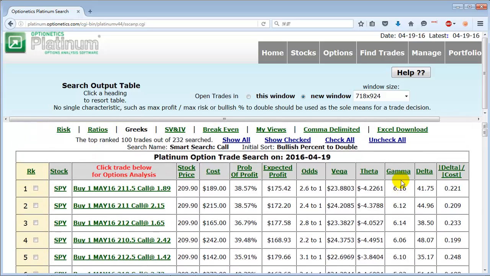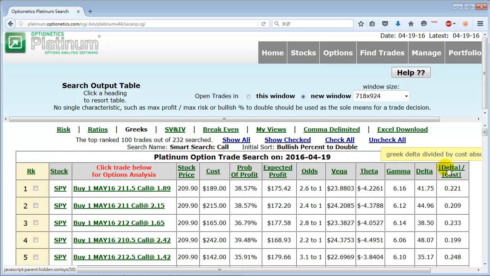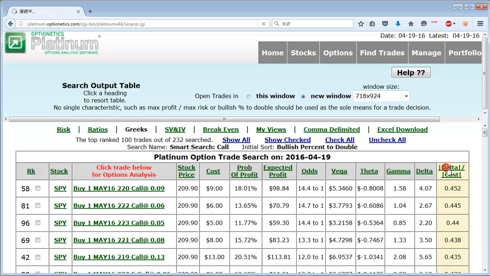But really, if you're going to play a directional play, you shouldn't care so much about in the money or out of the money. You should care about how much delta you get for the cost. So that's why you want to look at the ratio of delta per cost, and you're almost always going to find that buying lots of out of the money options is better than buying in the money in terms of price.